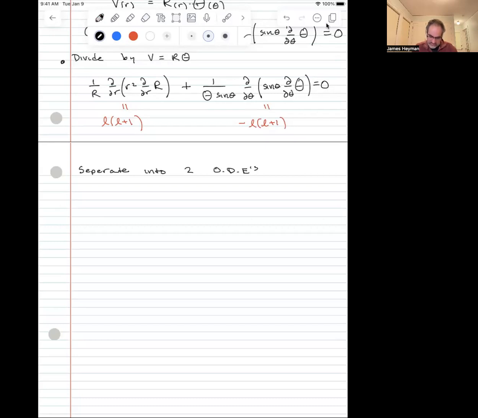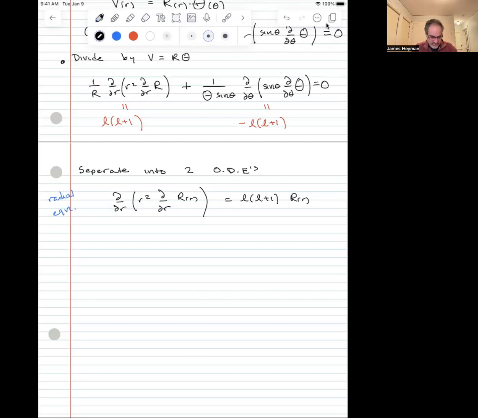The first one is called the radial equation, and it says that the derivative with respect to r of r squared times the derivative with respect to r of the radial function is equal to L times L plus 1 times the radial function again. That's the radial equation, okay?